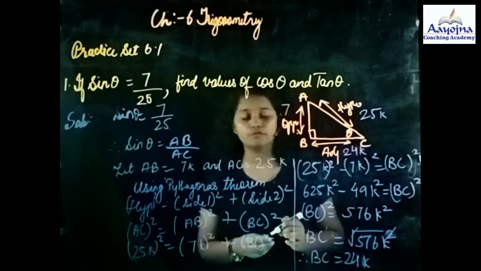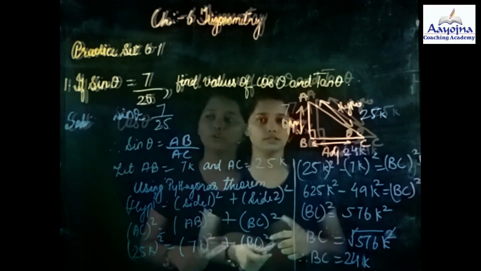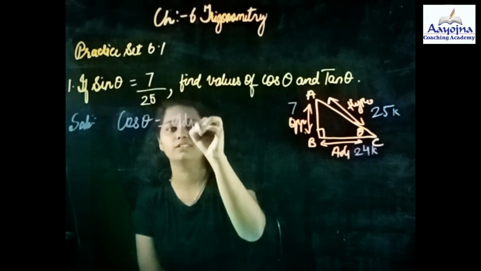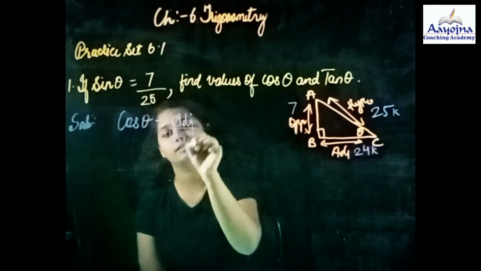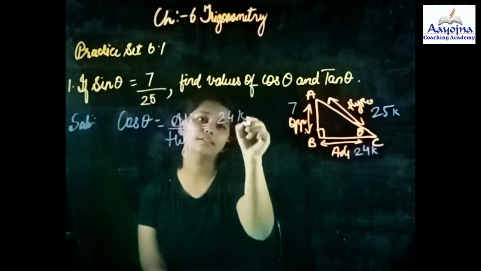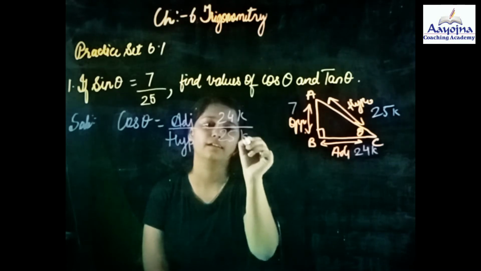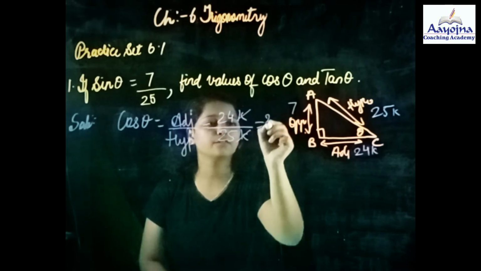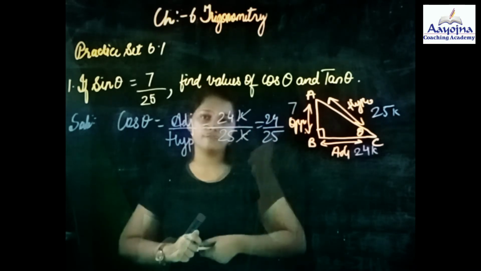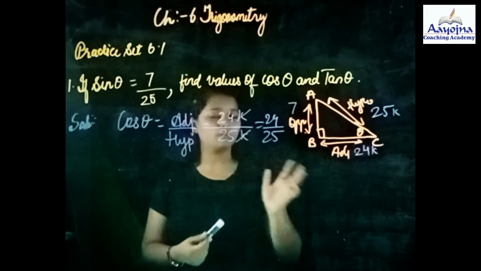We've got the value of BC now and we will substitute these values in cos and tan to get the answer. We know cos theta is adjacent upon hypotenuse. So here the adjacent side is 24K upon the hypotenuse 25K. K gets cancelled, it is 24 upon 25. We cannot cancel 24 upon 25, we can cancel only K. So the answer for cos theta is 24 upon 25.